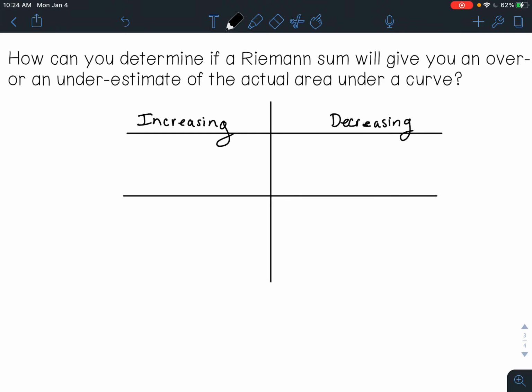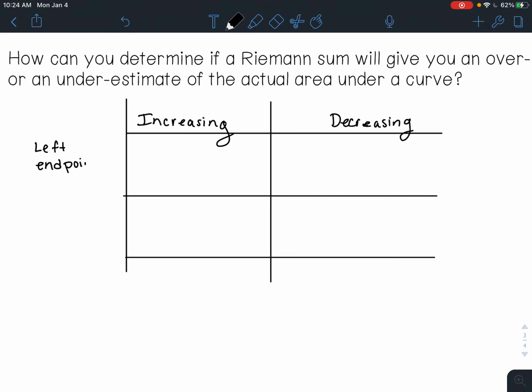Let's make ourselves a little table here. We're looking at whether we have a left endpoint or a right endpoint.